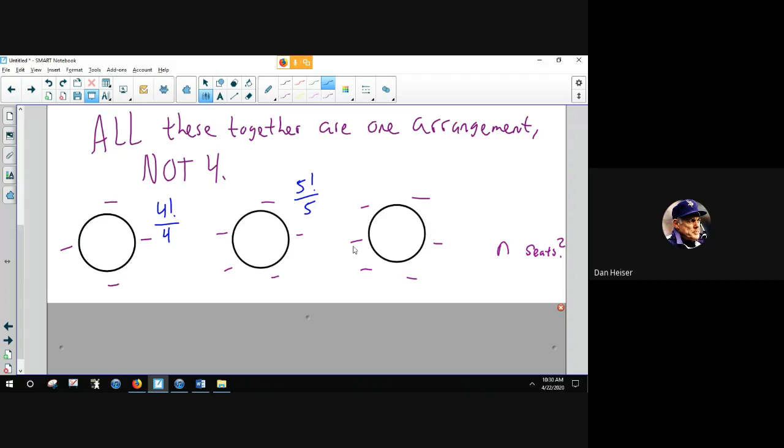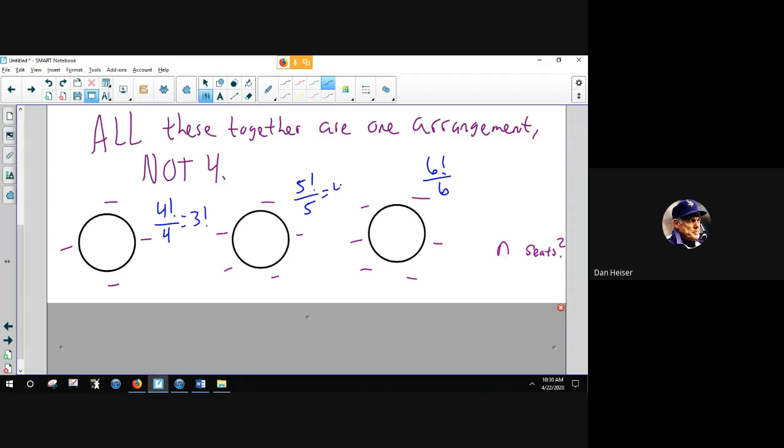If we have 6 seats, and all we do is tell everyone, move 1 seat to the left, then move 1 seat to the left, then move 1 seat to the left, and so on, we will have 6 repeats. And hopefully by now you see a pattern. 4 factorial divided by 4 is really 3 factorial.